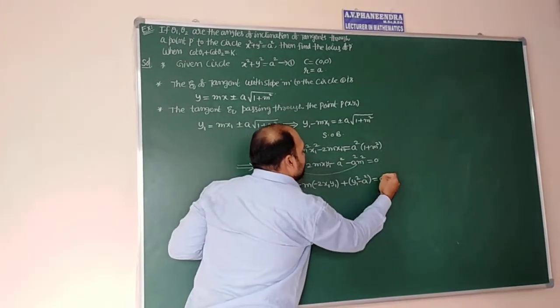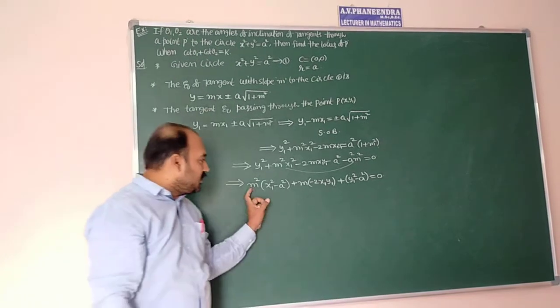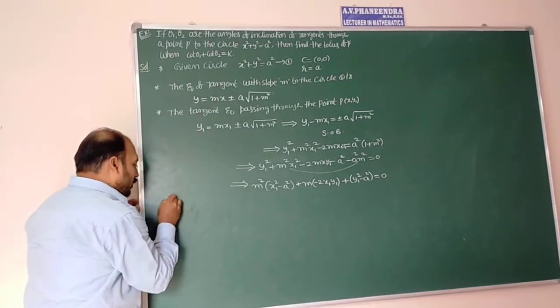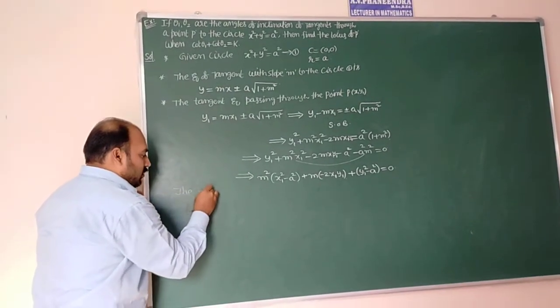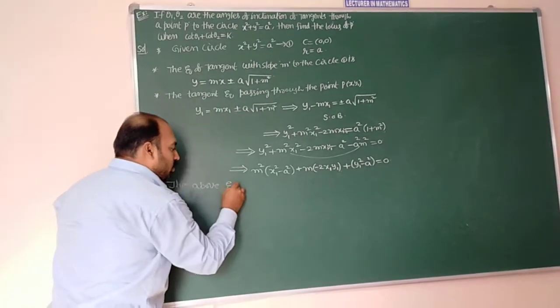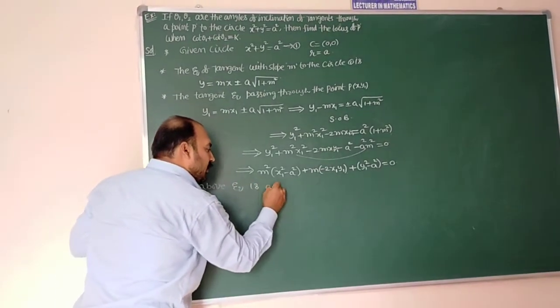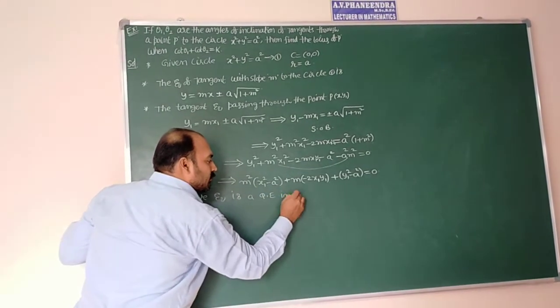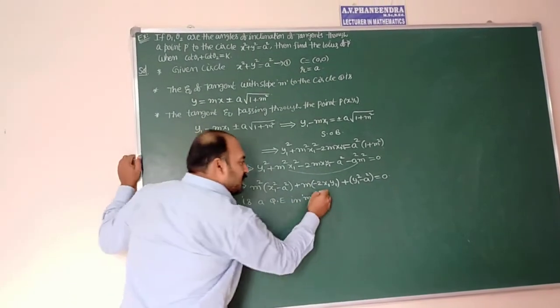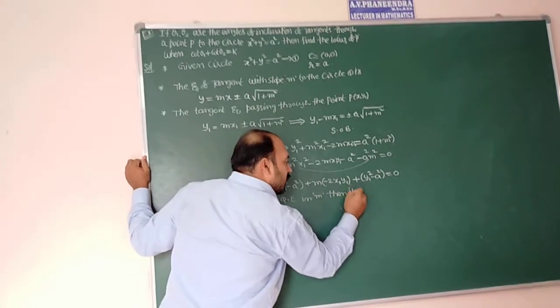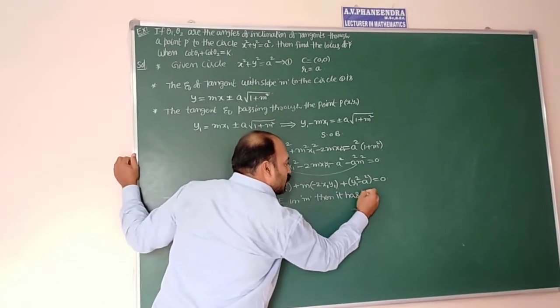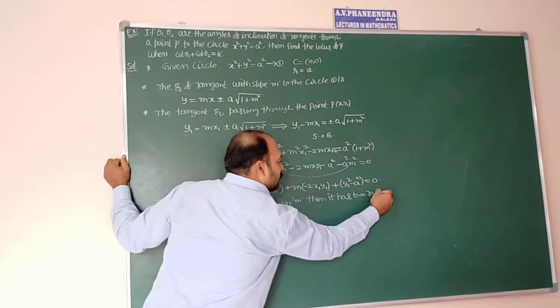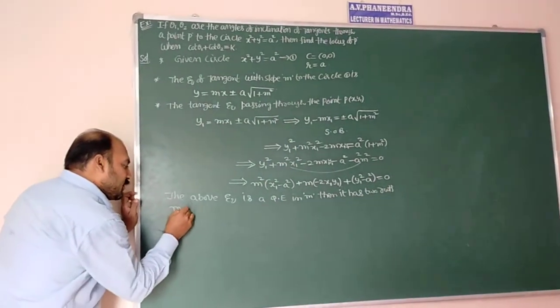If you observe this equation, the above equation is a quadratic equation in m. Then it has two roots, m1 and m2 respectively.